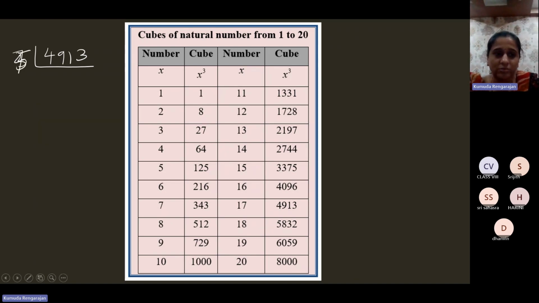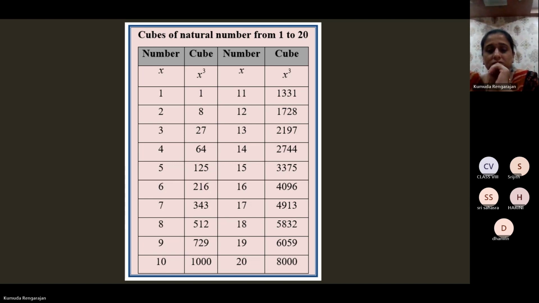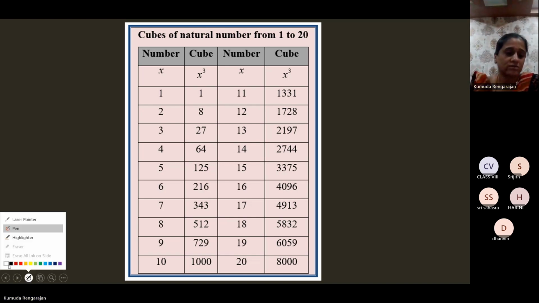It will not be divisible by 2, 3, 5, 7, 11, 13, and then you will be tired. Maybe you will give up. You will not have very large numbers, meaning you may have large numbers, but its cube root will not be a very large prime number. So it's enough if you remember the cubes of the first 20 natural numbers, as you see on your screen now. That's enough.